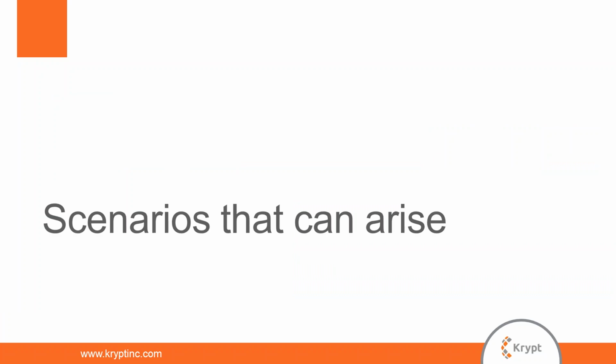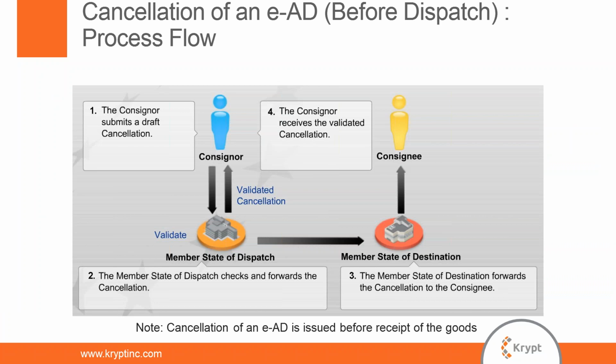So apart from these standard scenarios, there could be some other scenarios that can arise, like the consignor wanting to cancel the electronic administrative documents sent to the consignee. They may have to cancel the electronic document, reason being there could have been some error, or they may not have the goods in time.